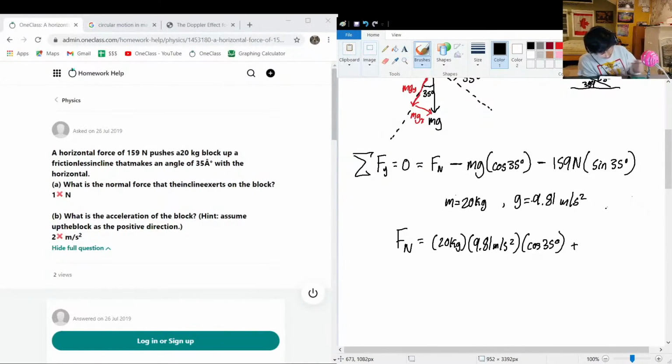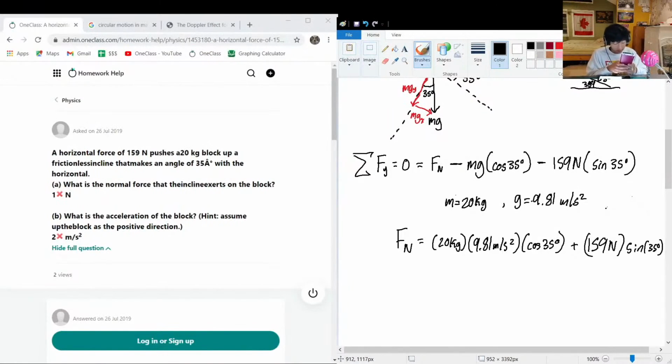And we are also going to add the 159 Newton term, but when we bring it to the other side, it's going to be positive. And I'm a positive guy, so let's put that in there. So we got 159 newtons multiplied by sine 35 degrees. Once we do this calculation, this will give us the normal force, and then that'll be one part of our question done.